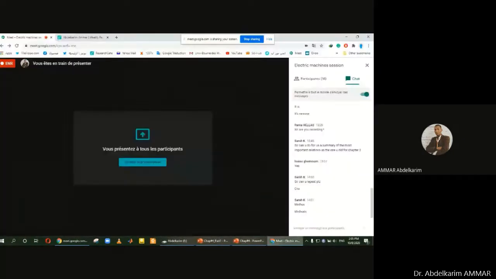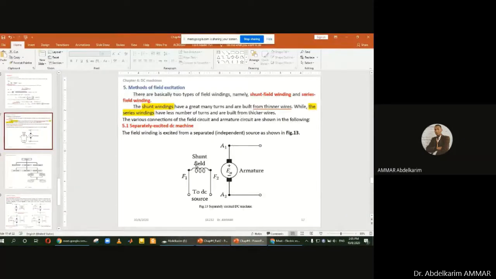This one is separately excited. We can see that the armature and the field are fed separately. The separately excited machine is the general case, and it is the case we deal with a lot.